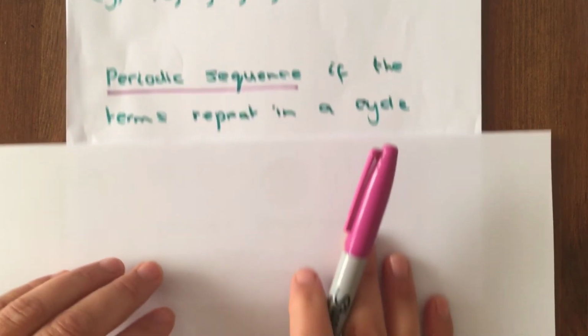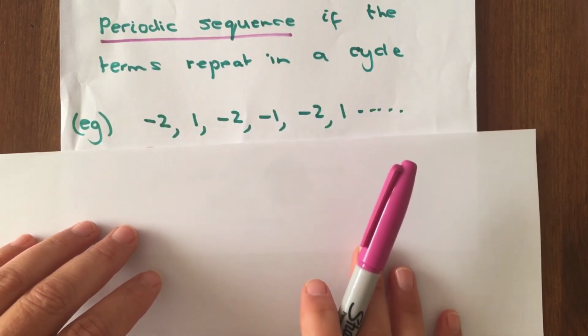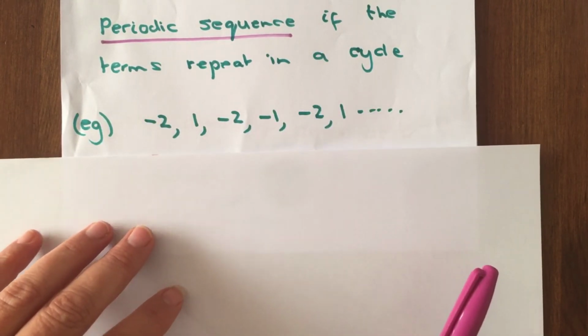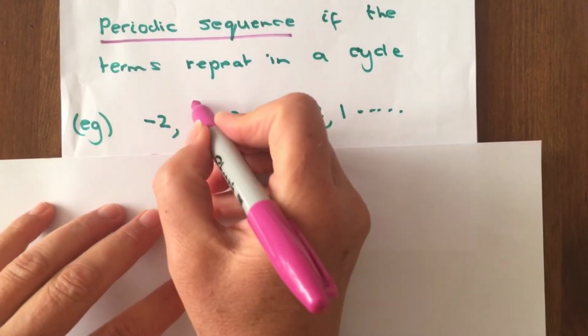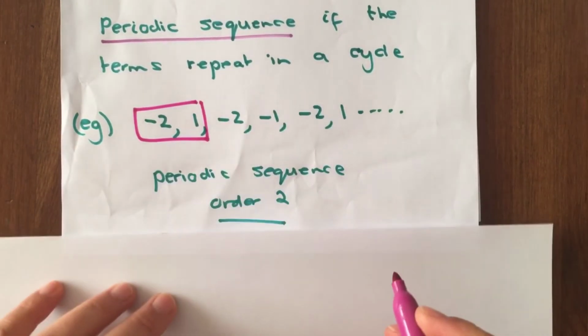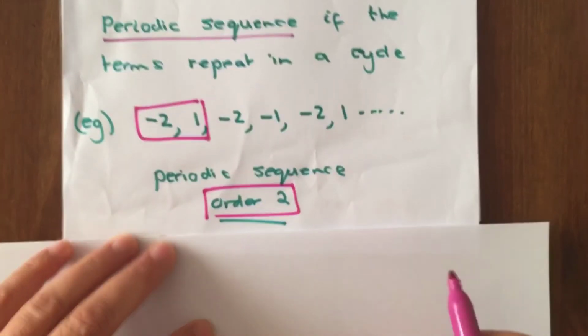And a periodic sequence, okay? If the terms repeat in a cycle, you have a periodic sequence. The last example I showed you was a periodic sequence. Here's another example. The numbers are repeating. Now, we say that the order of this periodic sequence is, in this case, 2, because it's repeating every 2 terms.